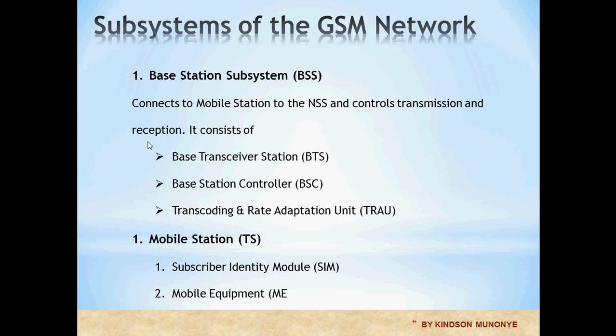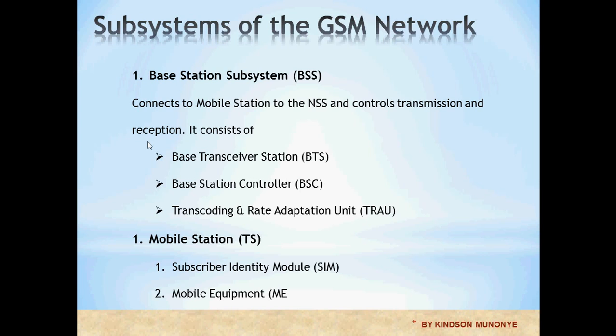The BTS is called the base transceiver station, and you can always recognize a BTS when you see a mast standing there when you drive out of town. You always see this telecoms mast. It houses the base transceiver station right up there. We have the BSC, the base station controller, for controlling the base transceiver station. We also have the transcoding and rate adaptation unit for switching between data formats. I'm going to explain this later.